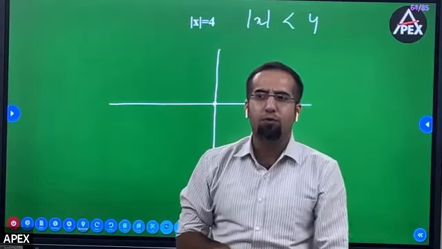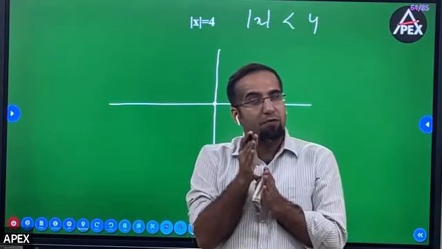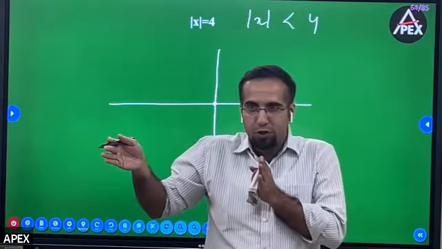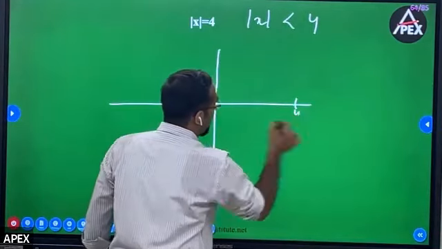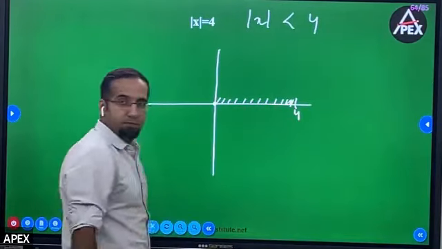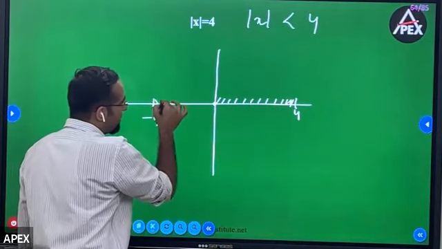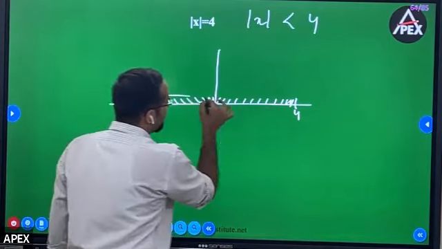Now I am telling you less than 4, which means I can cover any distance less than 4 on my right and less than 4 on my left. Any distance less than 4 on my right will be this part. Any distance less than 4 on my left will be this part. So can I say this complete part is what I am covering?